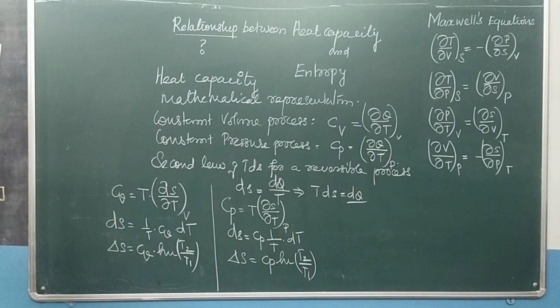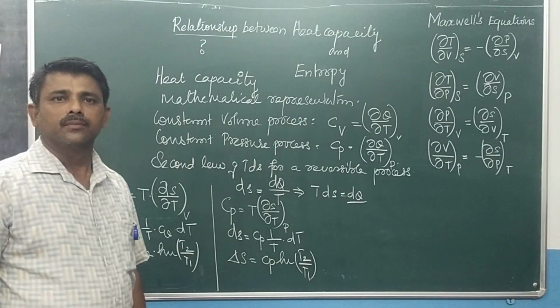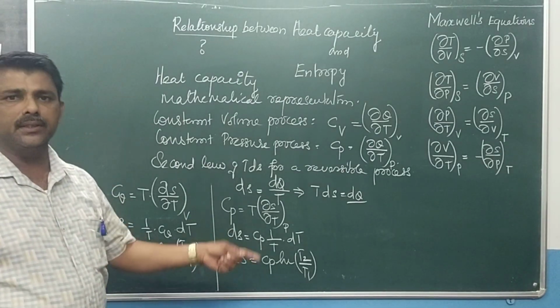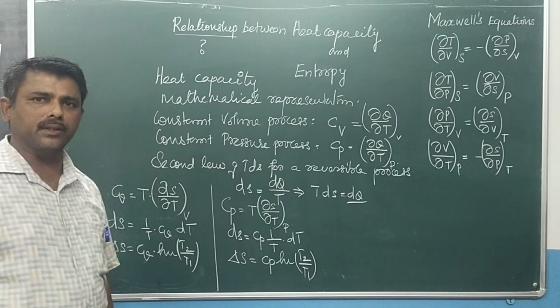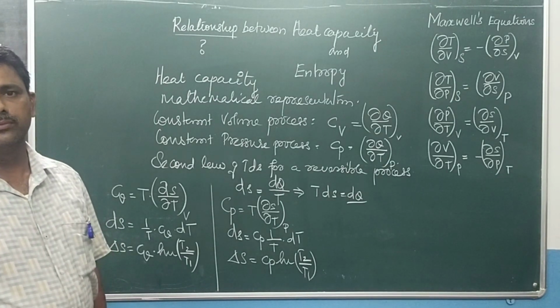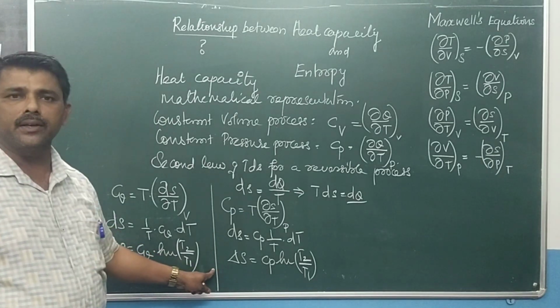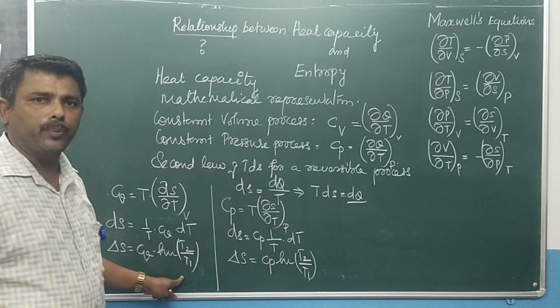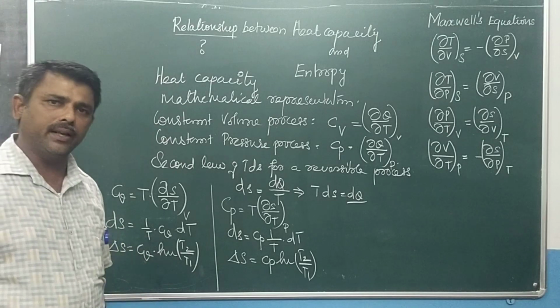This equation is highly useful in estimating the change in entropy in a reversible process when the initial and final temperatures are known. This is the relationship between entropy and heat capacity. Clear?